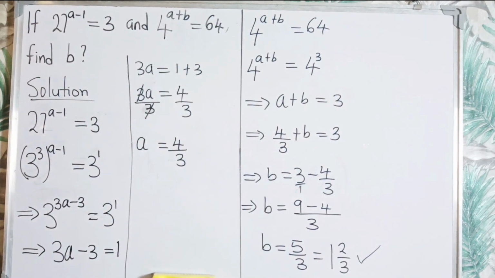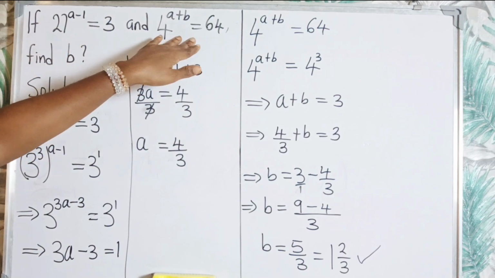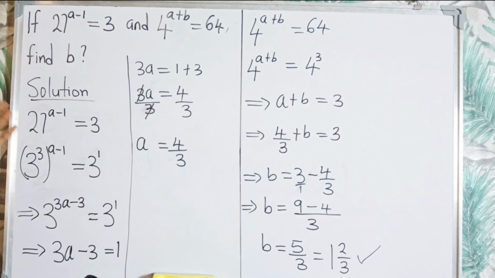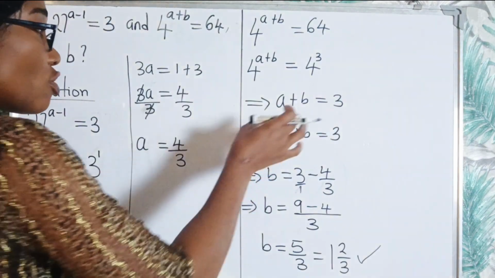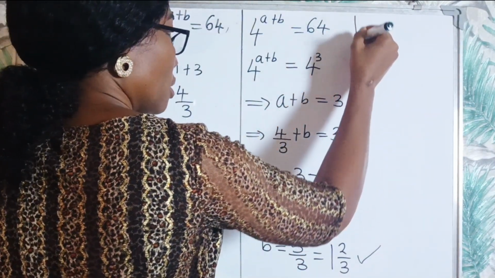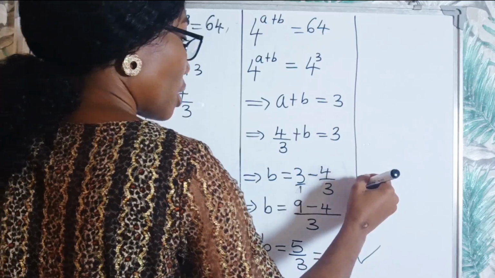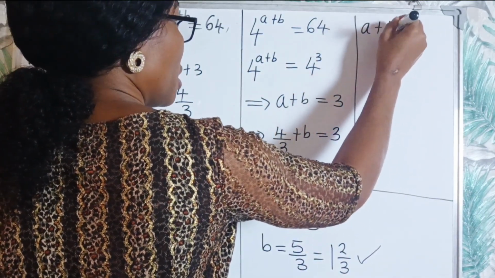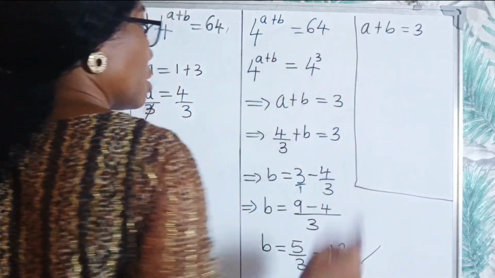Okay, let's check if our answer is correct. Now we can use either this equation or this one to check if our answer for the value of a and b is correct. So let's use a plus b is equal to 3 to check.